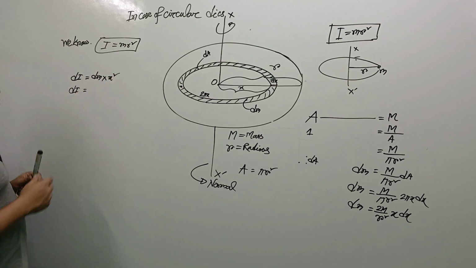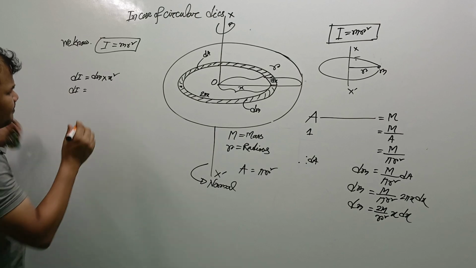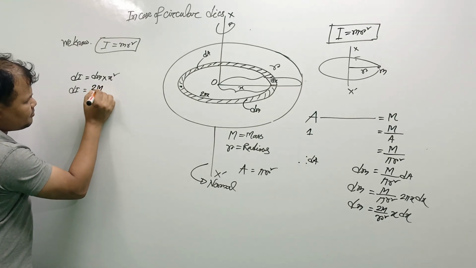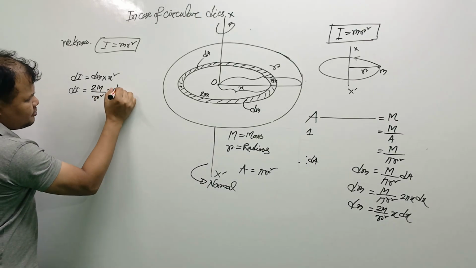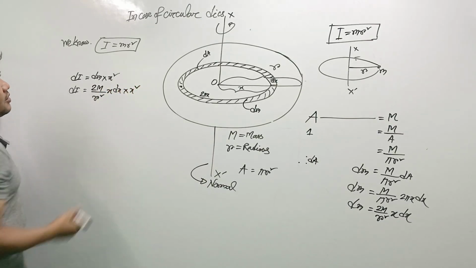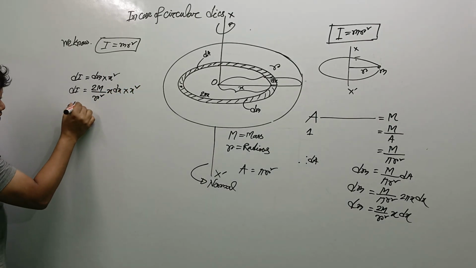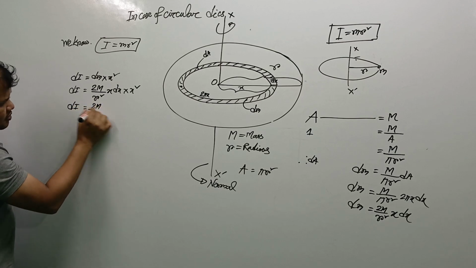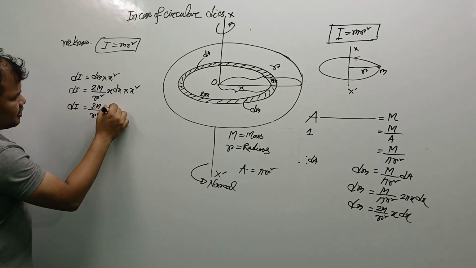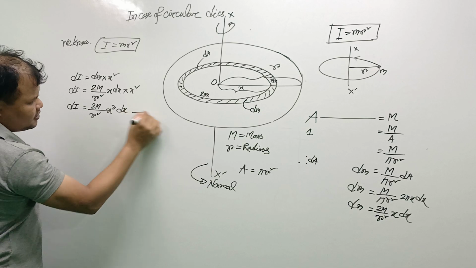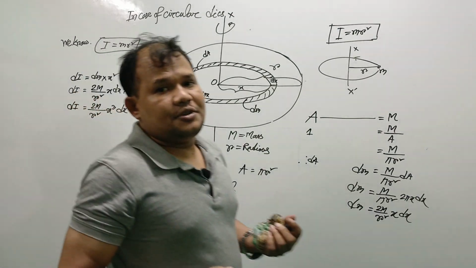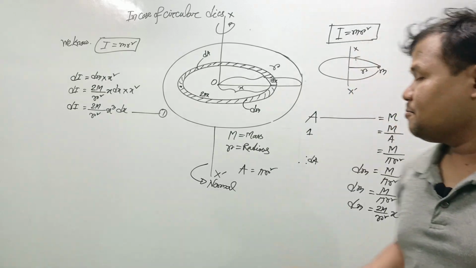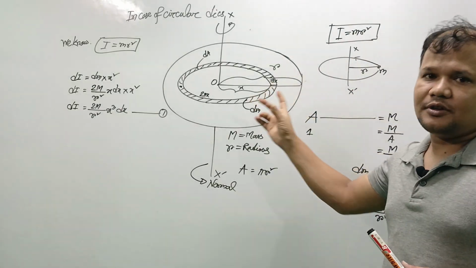If we put the value of the very smallest mass dm, 2m divided by r square x into dx, and rearrange, we get 2m divided by r square, x cube into dx. This equation represents the moment of inertia of this very smallest cross sectional part.